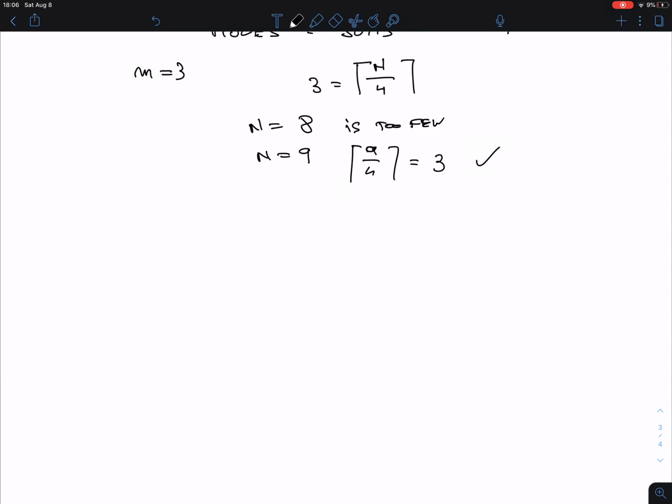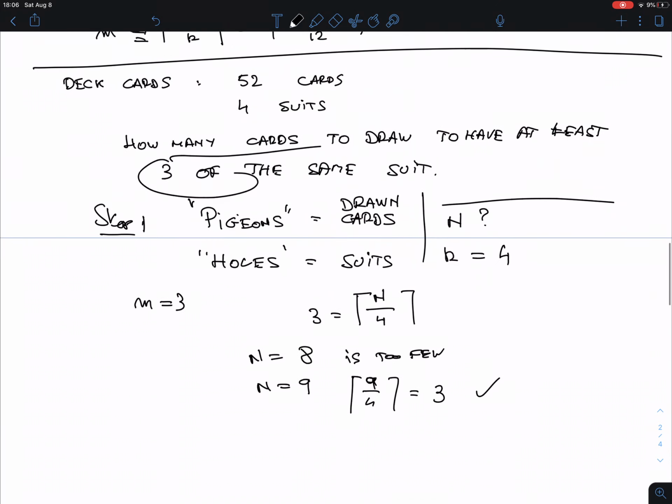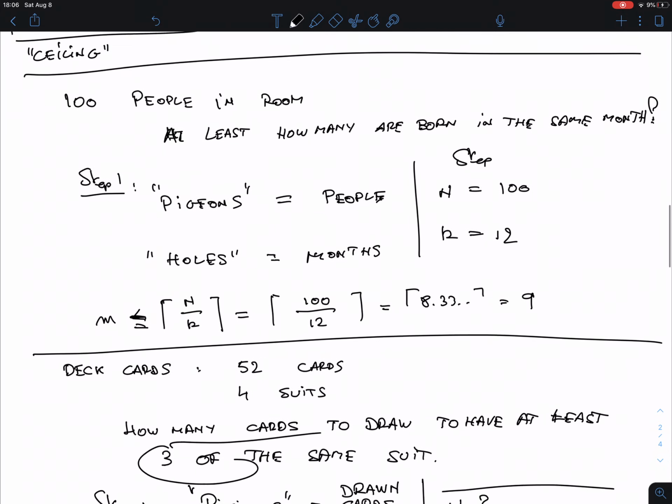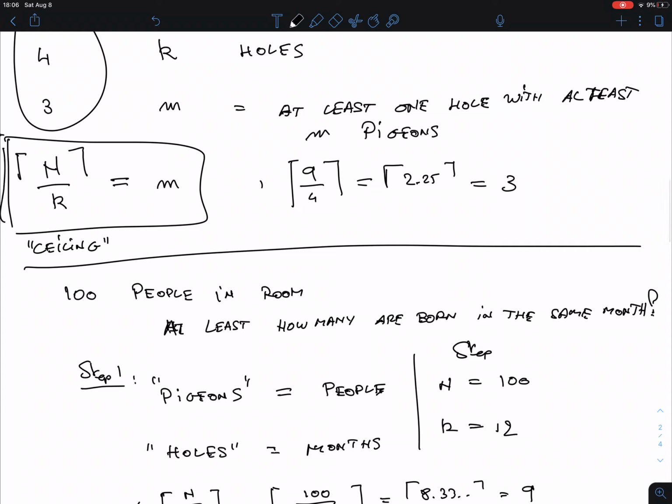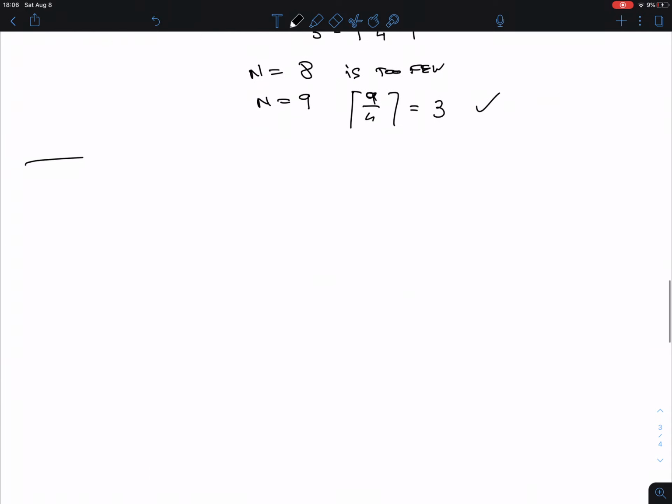So how to find this? This is basically solving this formula, but this time we have to solve it where we don't know n, unless, as we'll see later, we might also not know k. So I want to discuss this very quickly. When you're trying to solve this thing, the ceiling of n over k, equal or perhaps even bigger than m.